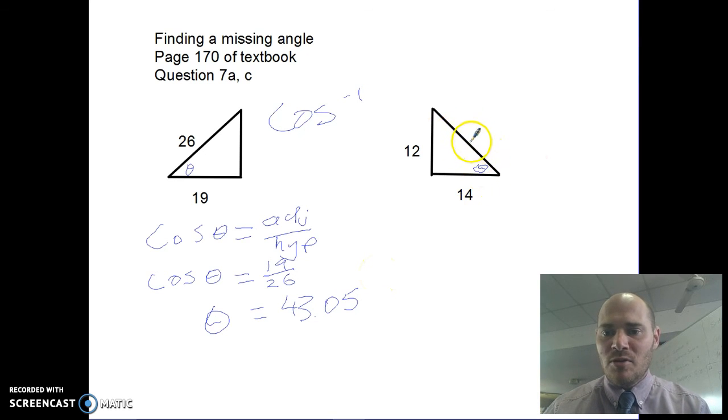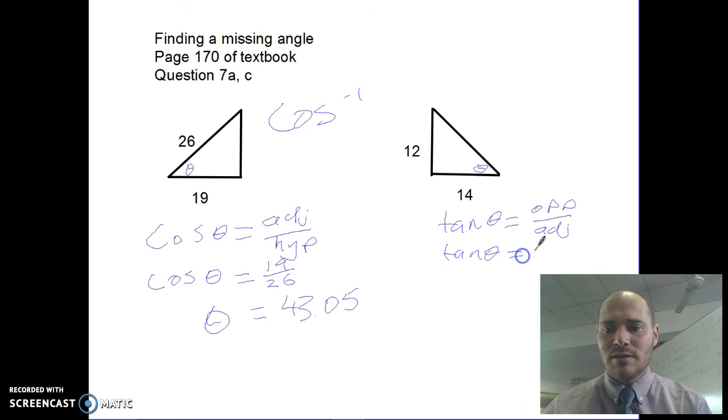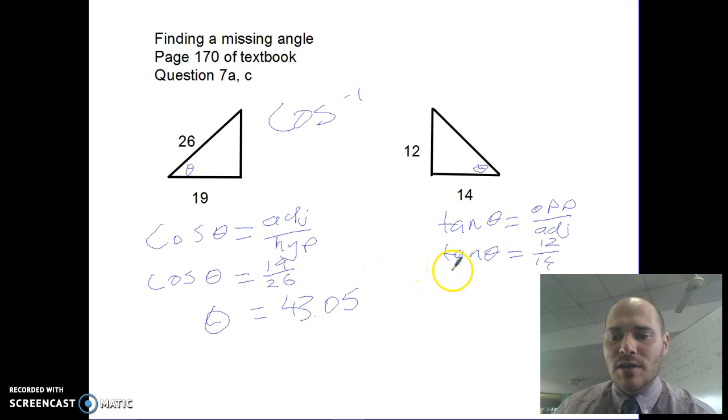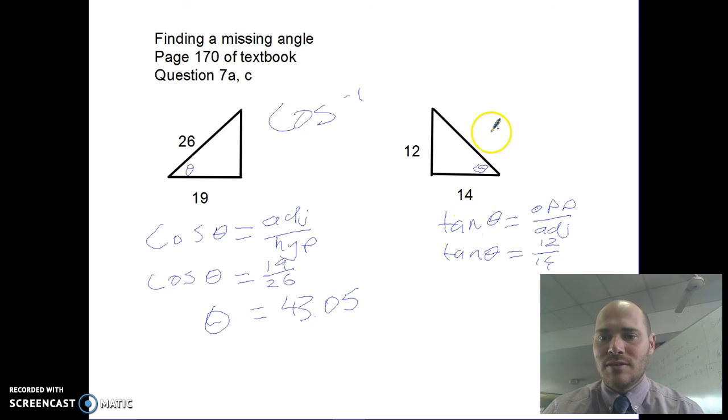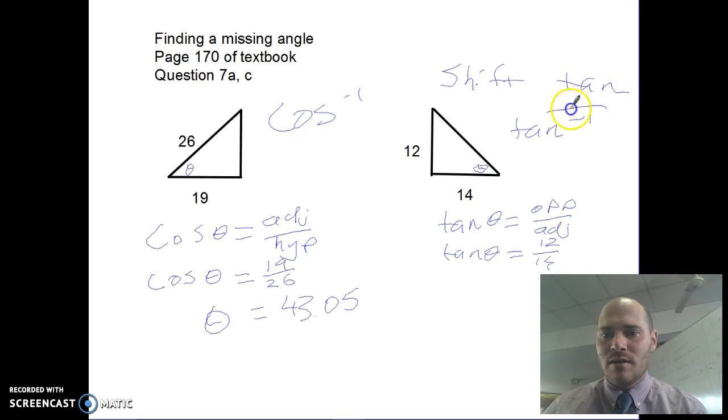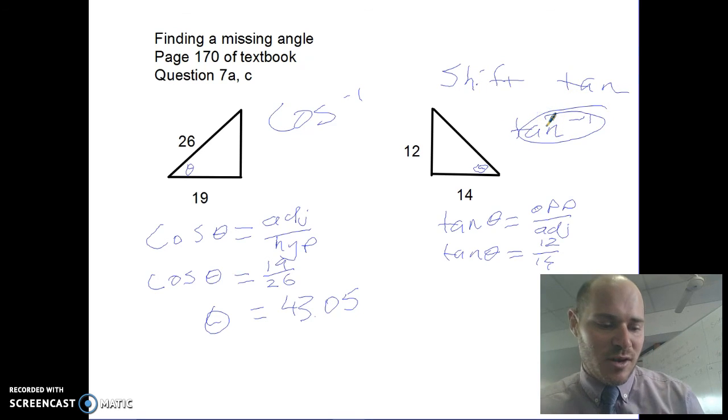I repeat that process over here. Am I using the hypotenuse? No, I'm not. Therefore, I know I'm going to be using tan. So tan is opposite over adjacent. I put in the values I know. I don't know what my angle is. I know that I've got 12 over 14. So again, this time I'm going to hit the shift tan button on my calculator, which is effectively the tan to the -1.